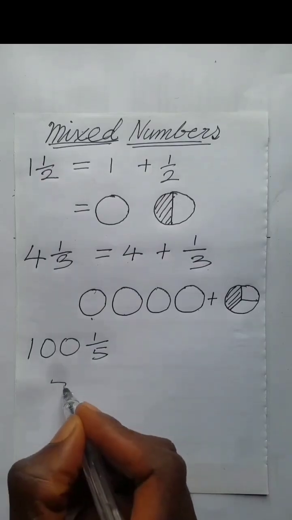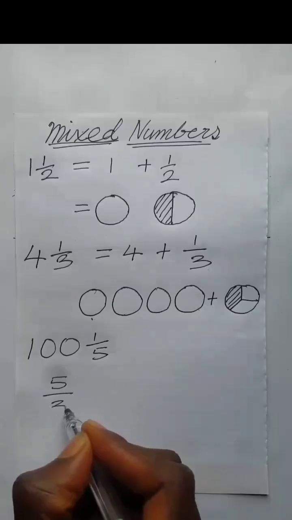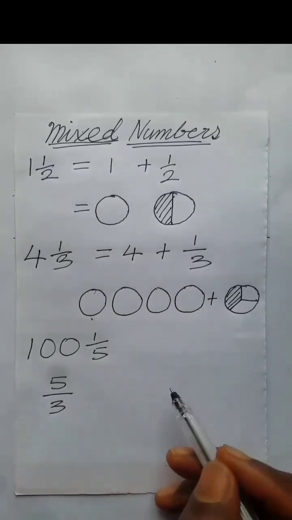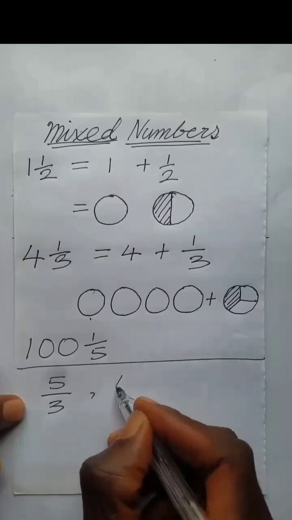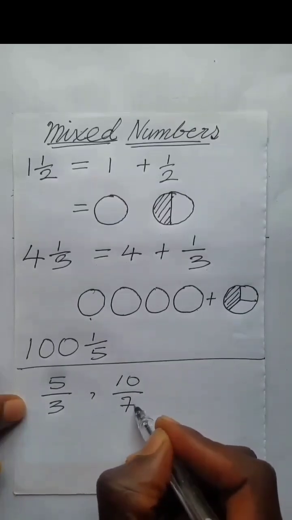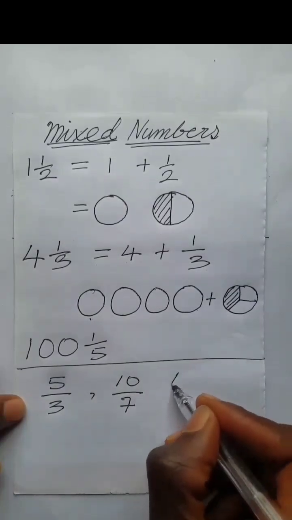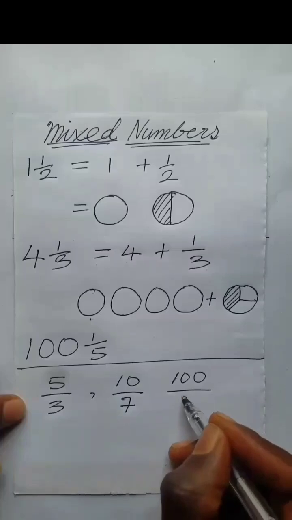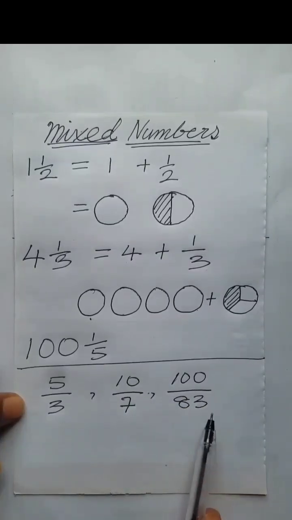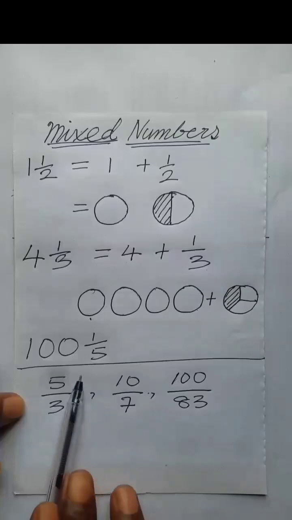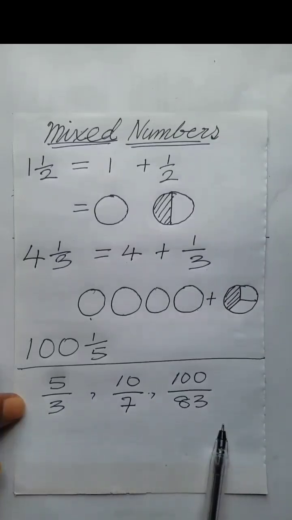If I write 5/3, I am writing an improper fraction. If I write 10/7, that is an improper fraction. 100/83, that's an improper fraction. The numerator is bigger than the denominator. Look at it. So these are all improper fractions.